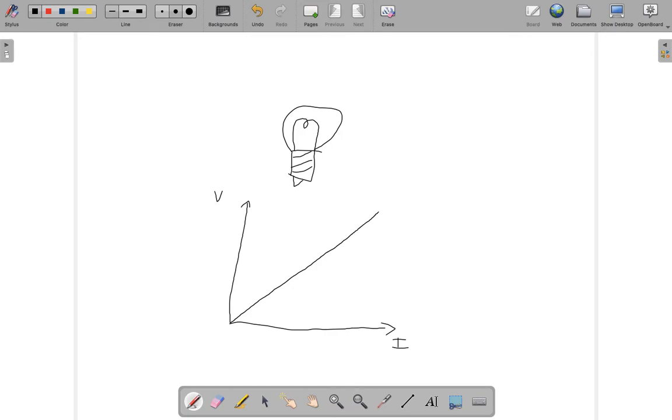It will look like this. The increase in current will be proportional to the increase in voltage. However, if you get a different looking graph like this, or something that's curving upwards, then that's a non-ohmic resistor.